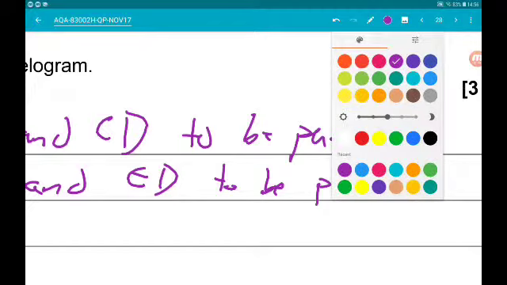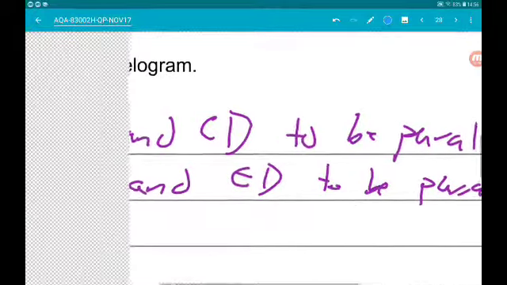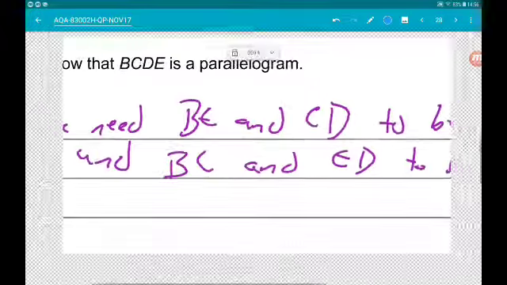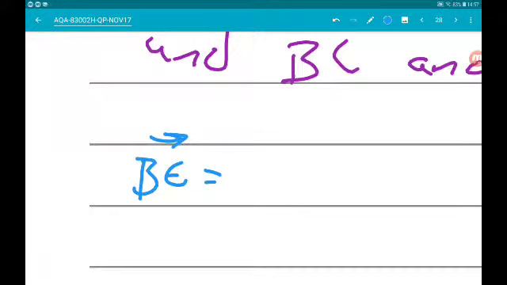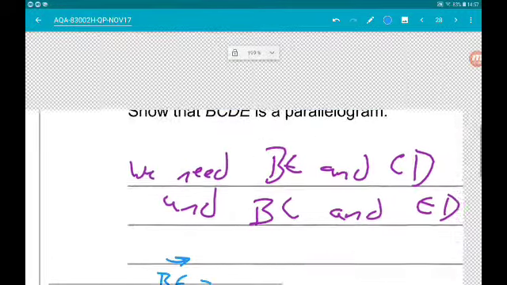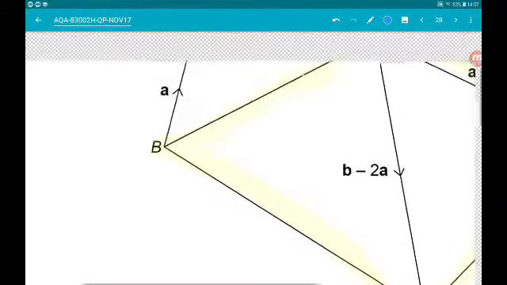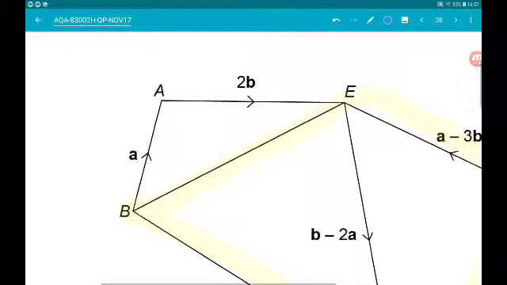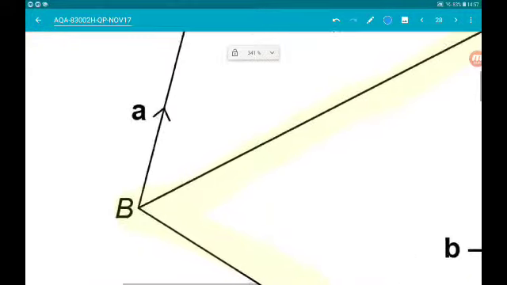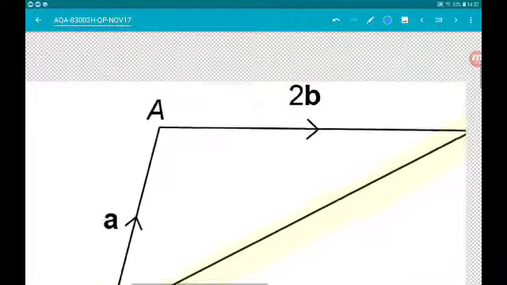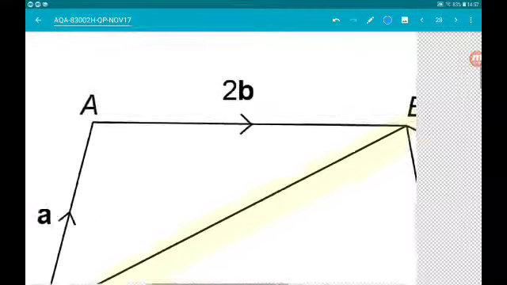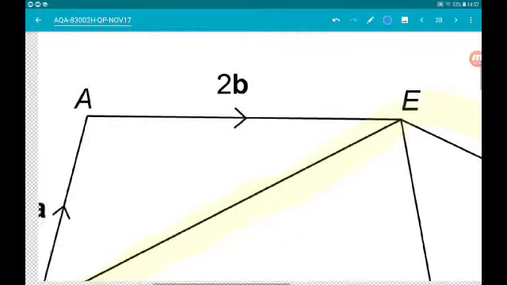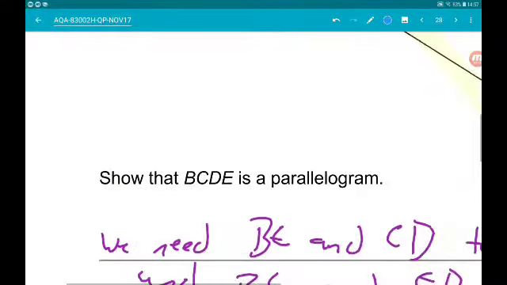So let's first of all do BE. Okay, so how do we get from B to E? Well, we're going to start at B. We're going to go along up to point A and then across to E. So that's A add to B.